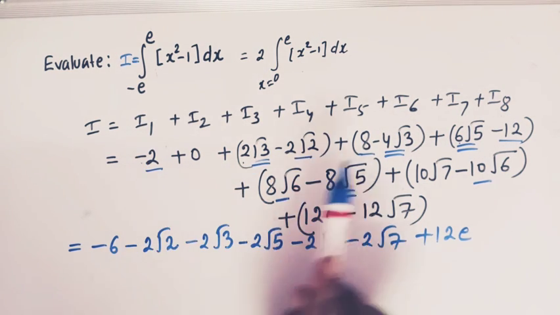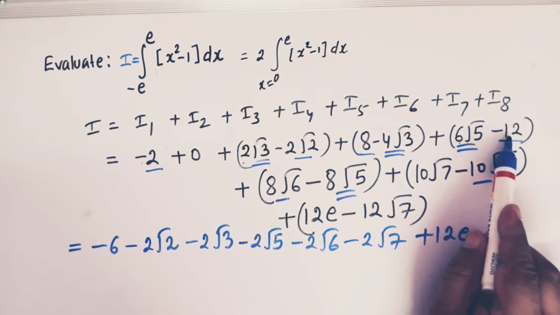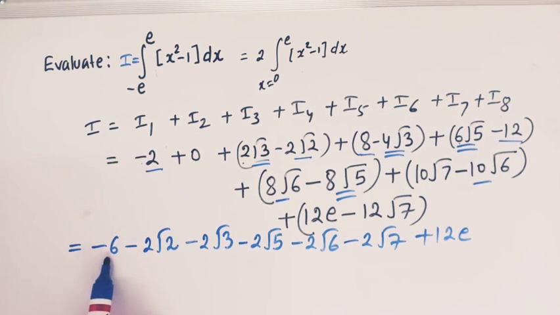So here minus 2 plus 8 and minus 12 gives us minus 6.